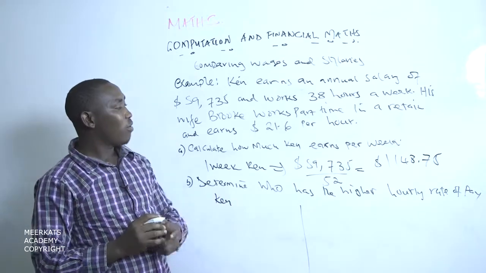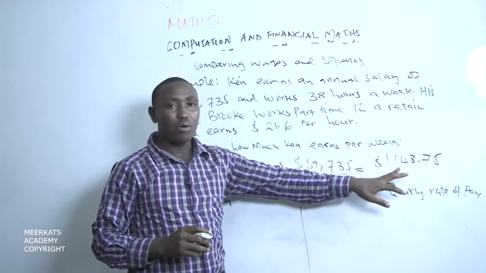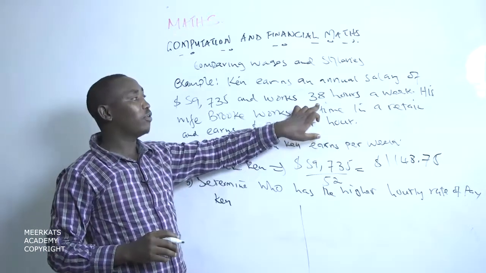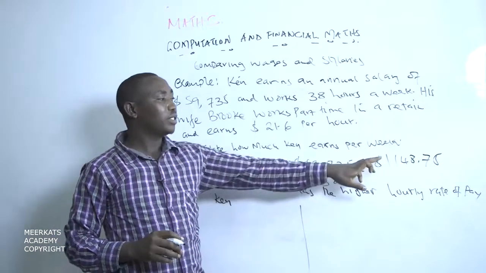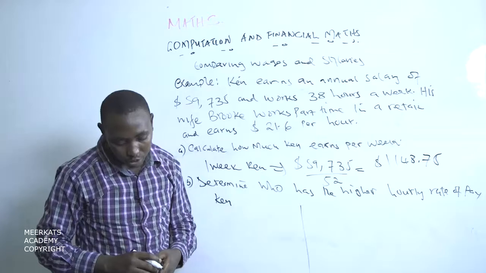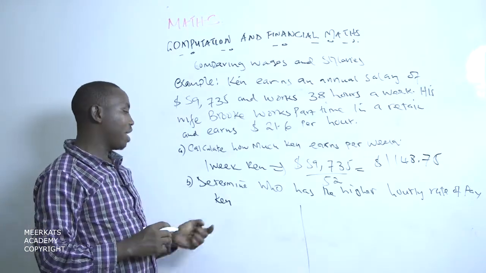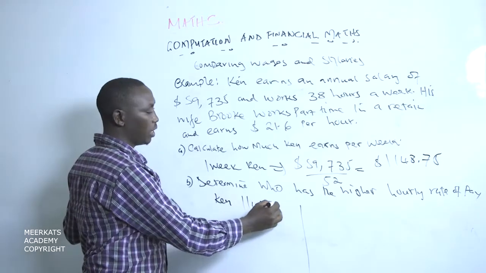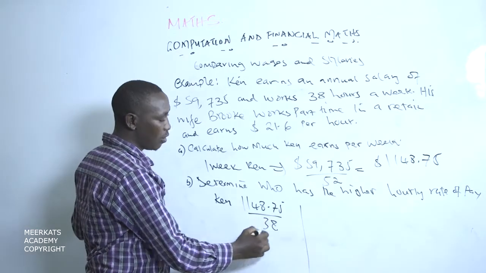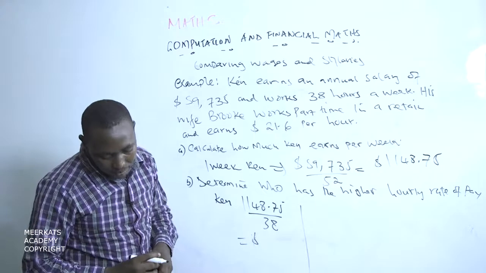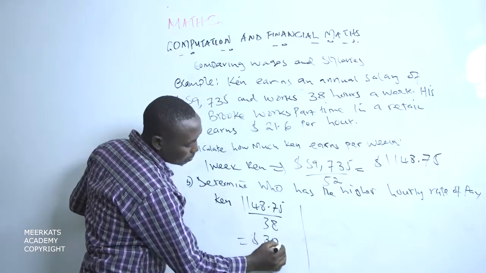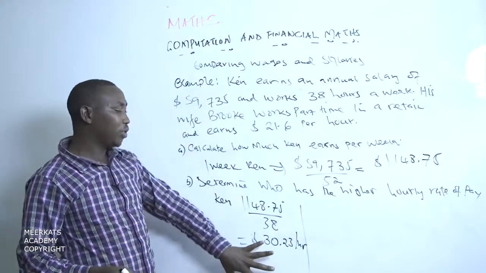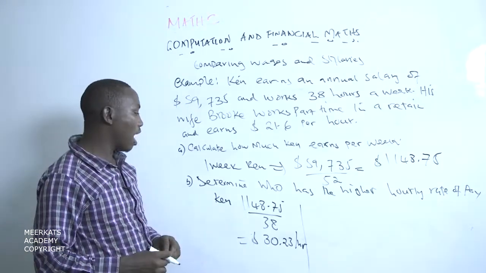Ken earns $1,148.75 in 1 week, but remember that he works 38 hours in a week, so the $1,148.75 is spread over 38 hours. Therefore, Ken will get in an hour 1148.75 divided by 38 hours, which gives us $30.23 US per hour. So this is the amount of money that Ken will be taking home in 1 hour. What about Brooke?